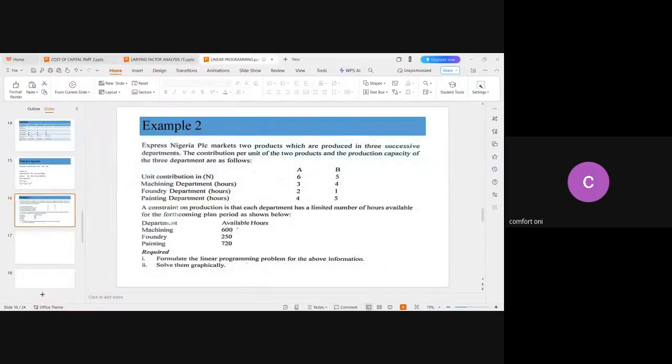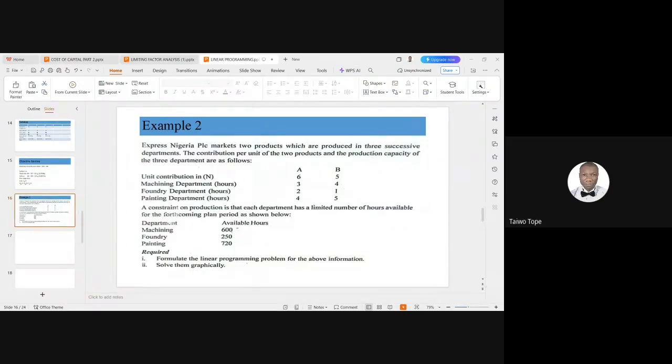Painting department in hours: 4 for A and 5 for B. A constraint of production is that each department has a limited number of hours available for the forthcoming plan period as shown below. Available hours: machining 6, foundry 250, painting 720. Required: 1. Formulate the linear programming problem for the above information. 2. Solve it graphically.